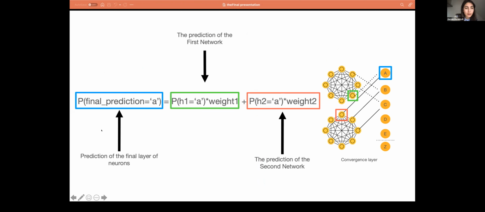Then these values get summed, and this gives us the value for the final prediction. Each node in the final set of neurons signifies a letter of the alphabet, and the node which receives the highest final prediction is lit up.